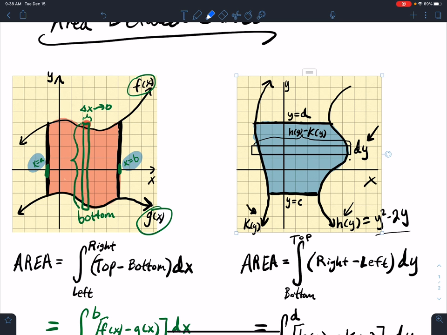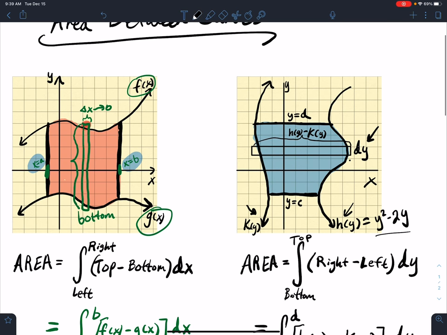However, if we look at this function here, this is not a function of y because when I draw a horizontal line, which is the opposite of the vertical, right, it crosses more than once. This is not a function of y, it crosses more than once. But this k of y is a function of y. It only crosses one time with a horizontal line. And this is a function of y, and it crosses one time there. So what do we have?